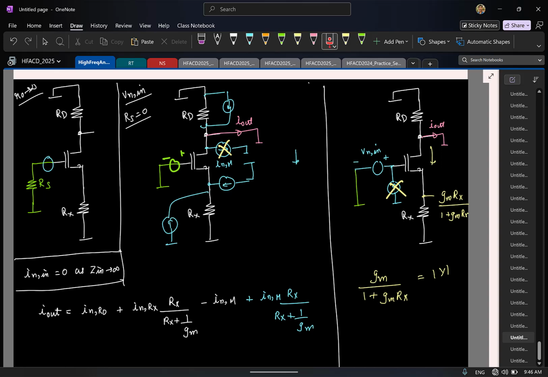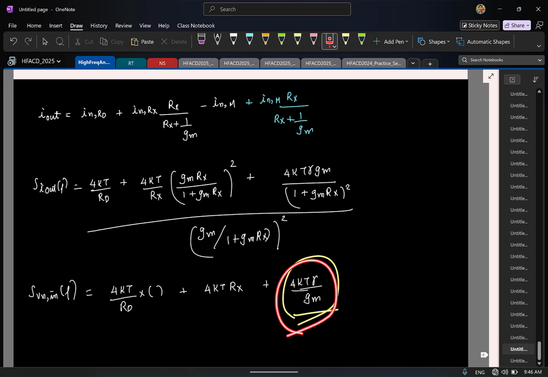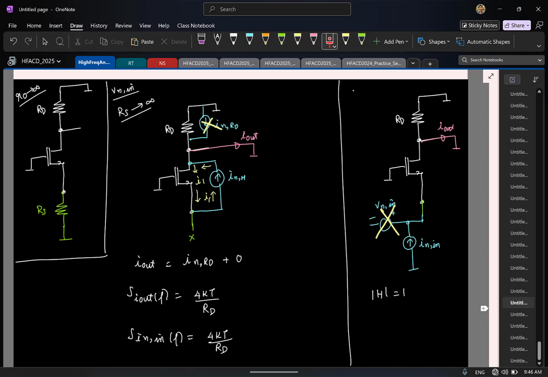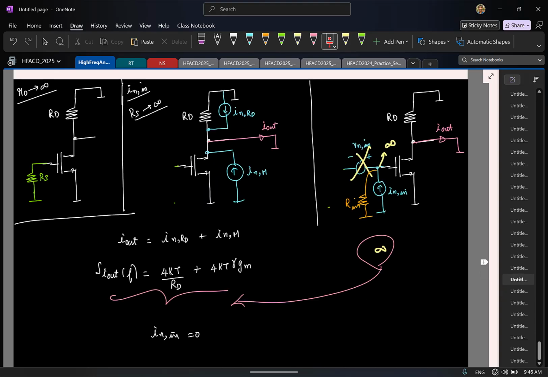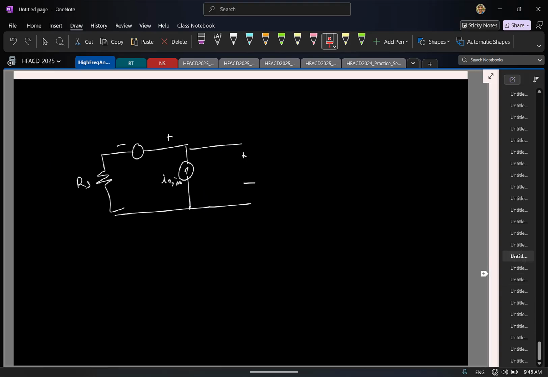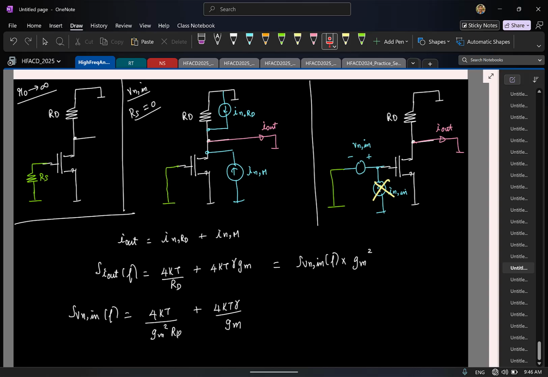Now this directly contributes to your input referred noise voltage. That is why you got this directly in the final expression. Even in the first example we saw, the input was connected to this MOSFET, so its contribution to the overall input referred noise voltage will be 4kTγ/Gm.